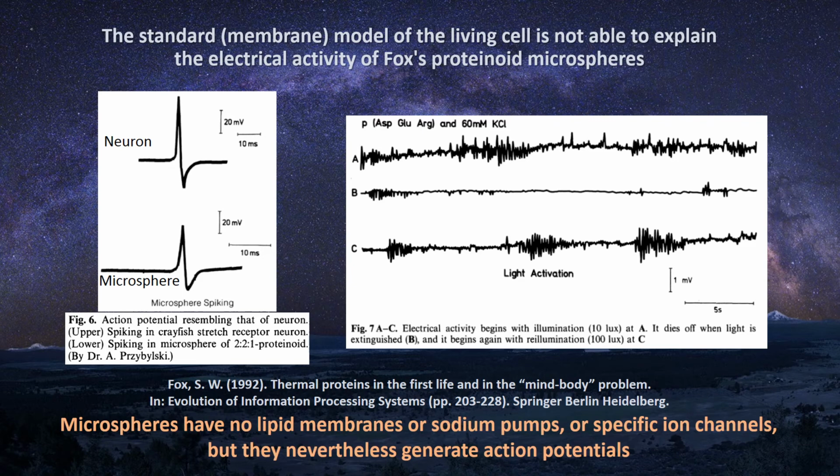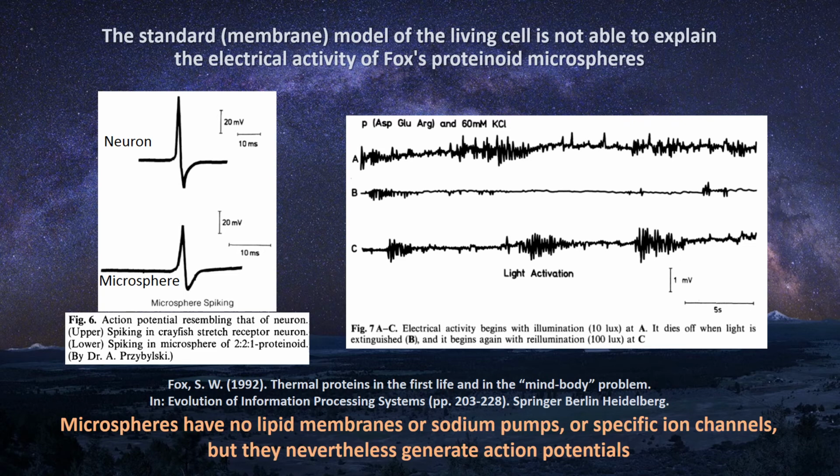Secondly, the microspheres are clearly a phase system, and this suggests that the phase nature of protocell does not preclude the generation of electrical potentials. It means that in the case of the microspheres, ion exchange processes at the surface of the microspheres take place.